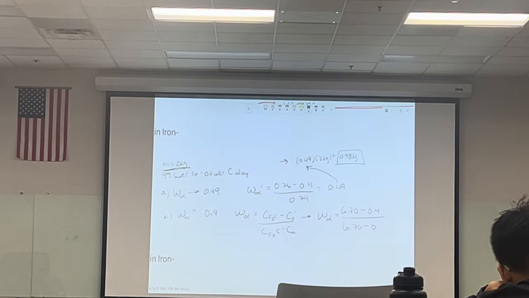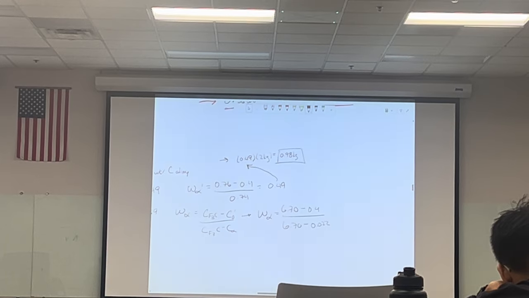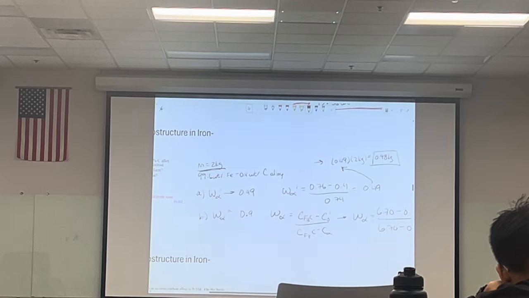Minus 0.022, 0.94. Then you plug it in, the 0.94 multiplied by 2 kilograms, and we'll get 8 kilograms. So that's part B.